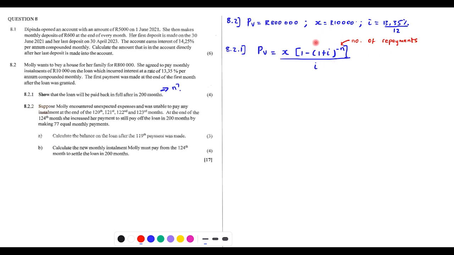According to the formula, if n is a whole number, for example n is equal to 5, then this means the 10,000s, you paid them 5 times. The whole 10,000 here means you paid it in full, right?